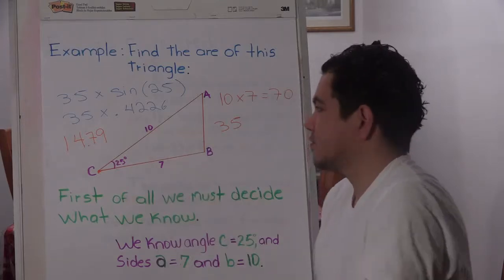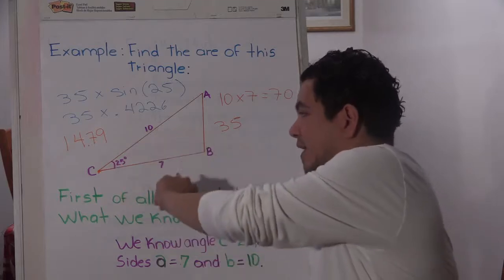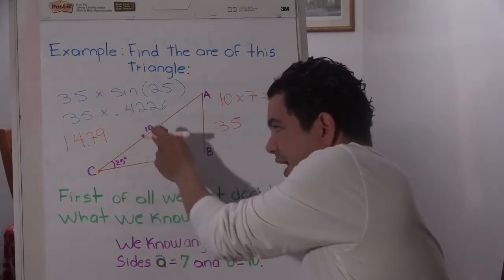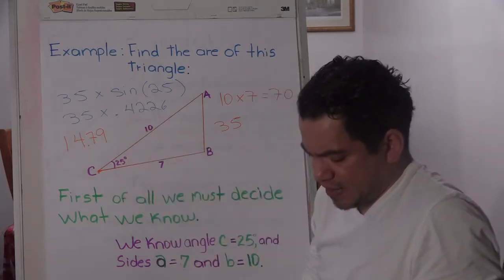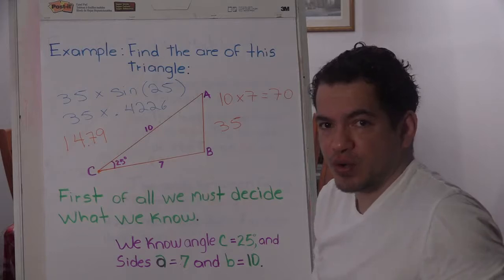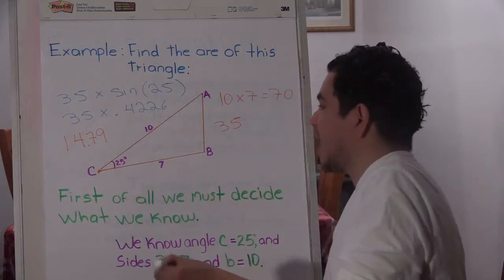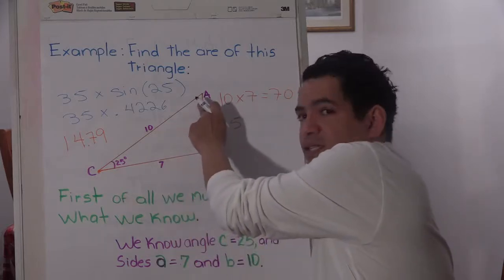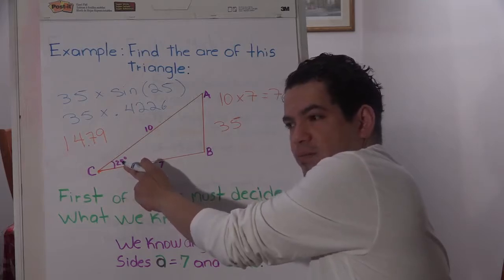So remember, to find the area of a non-right triangle, get the product of the two sides and the sine of the included angle. Now, what would happen if they give you a triangle where you have two different measures, but they don't give you the included angle?